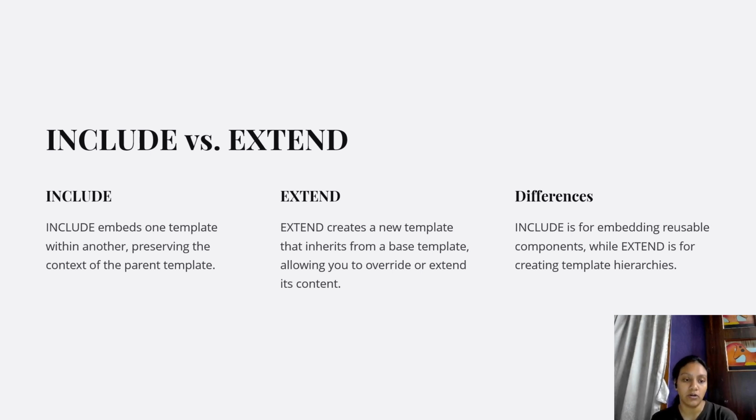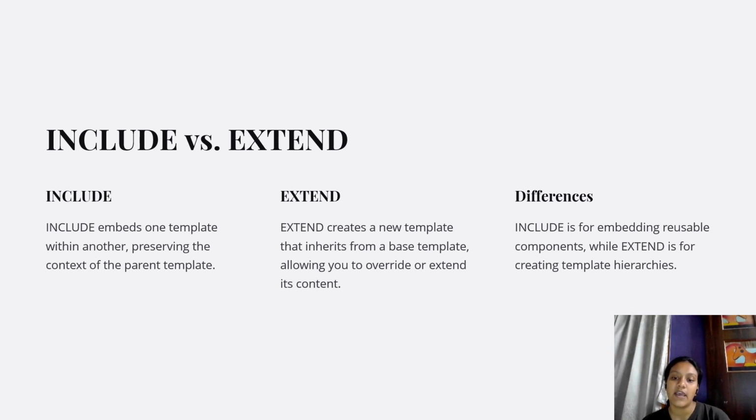So basically, in the include template tag, we can embed, that is, we can add another template inside an existing template, and it will preserve the content of both the parent template and the newly added template. Whereas in extends, it will inherit the values of the parent template into the child template, or from the base template, and you can keep extending and adding many more templates by using the extends template tag.